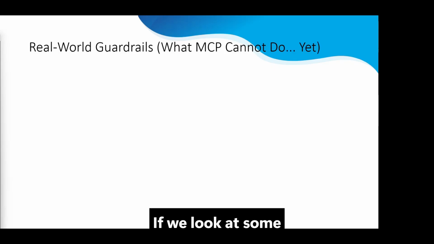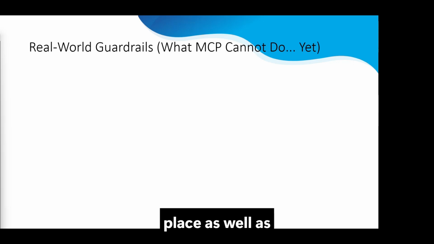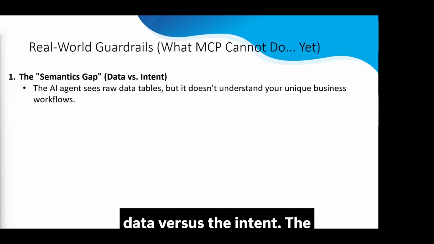If we look at some guardrails that have been put in place, as well as just to tell each other what MCP cannot do yet. There is the semantics gap, so that's the data versus the intent.